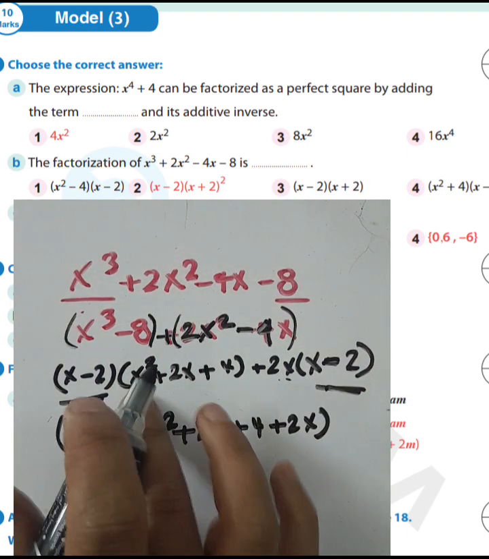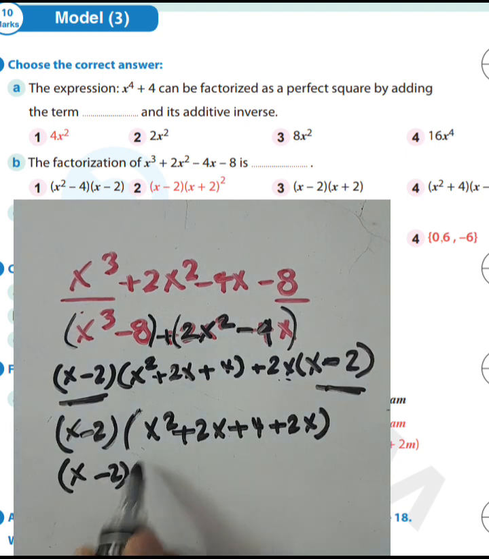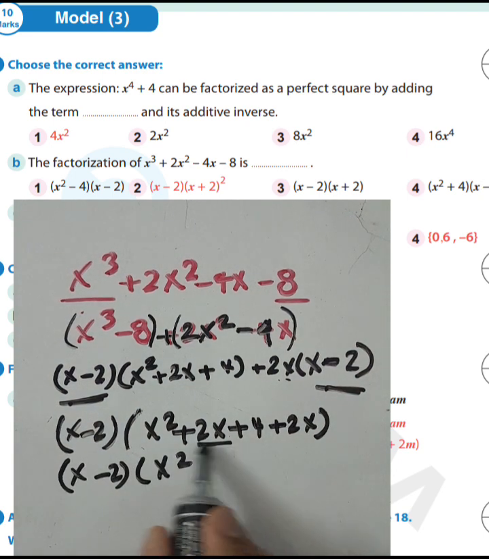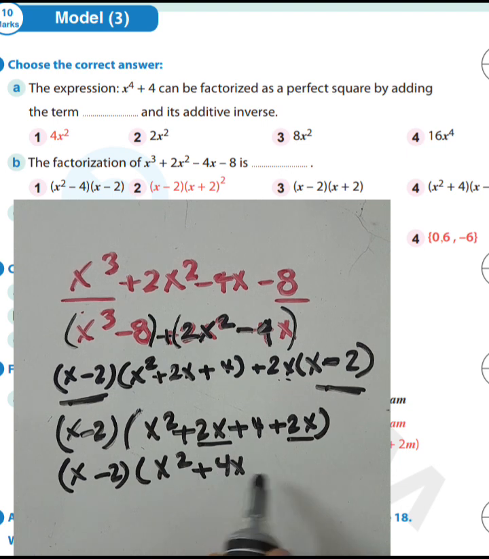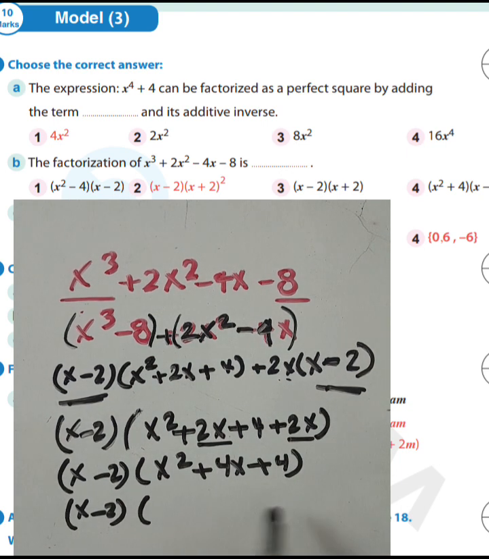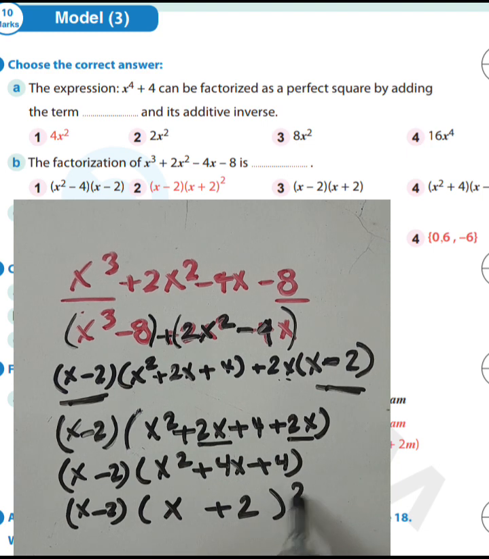Then you can write x minus 2 product by x power 2 plus 2x plus 2x, which is 4x plus 4, and then you can write x minus 2 and this squared x, square root of first, square root of third, and write 2 outside. That is the result of this example.